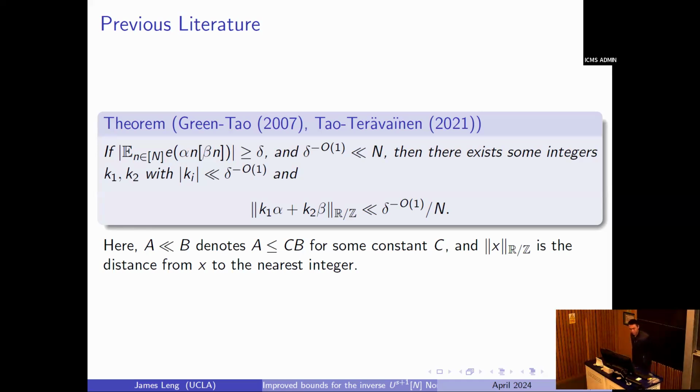It's like 1 over n. Here I'm going to use this rough notation of the double less than sign: a is double less than b means a is less than or equal to a constant times b. Here this R mod Z norm is the distance from x to its nearest integer.